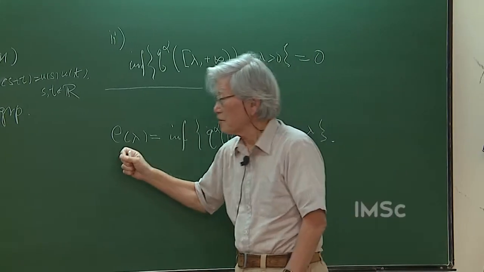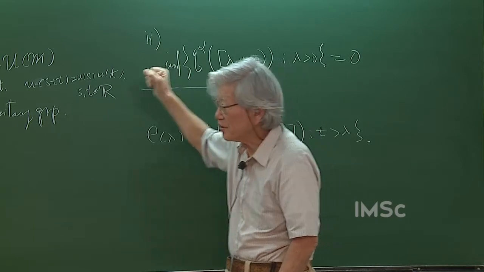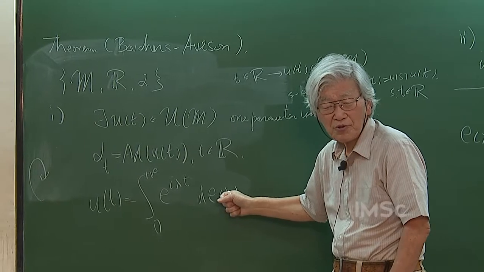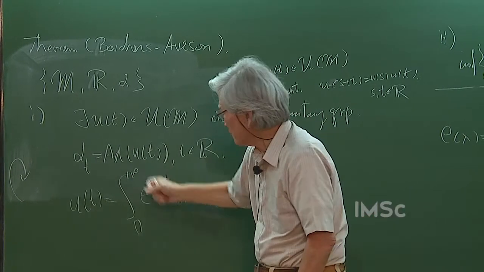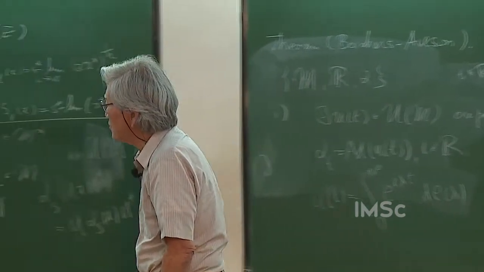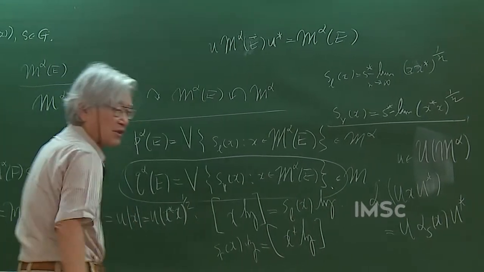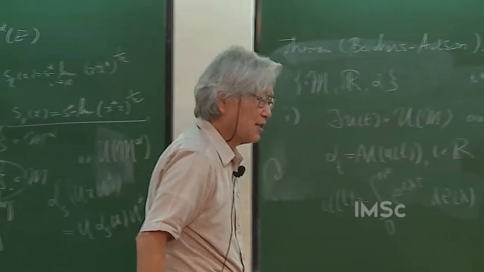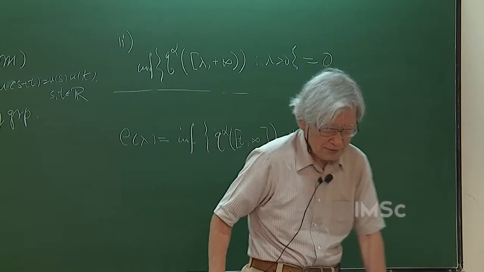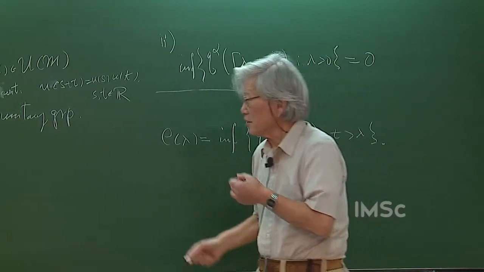So if you know this condition, then you can explicitly write down the spectral projection for the spectral measure of the one-parameter unitary group, just looking at this global object, of course. It's not much involved, but still needs some work.